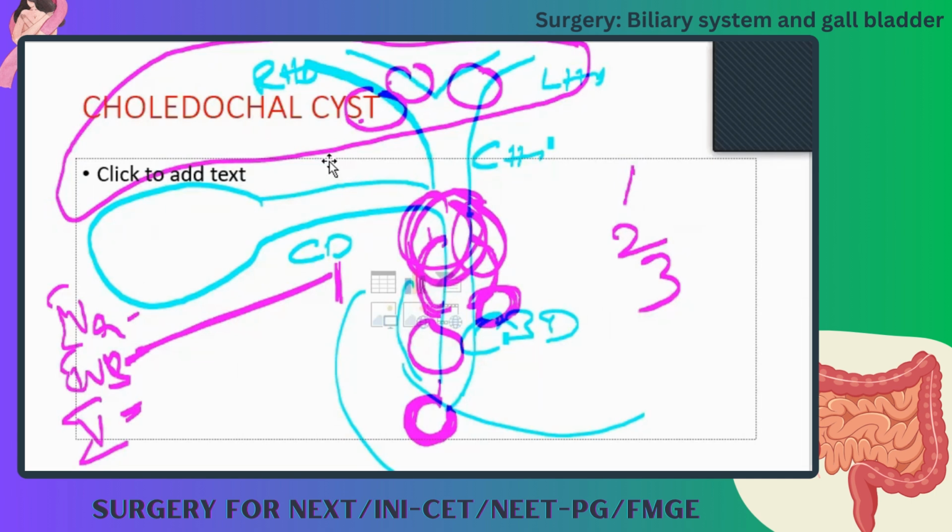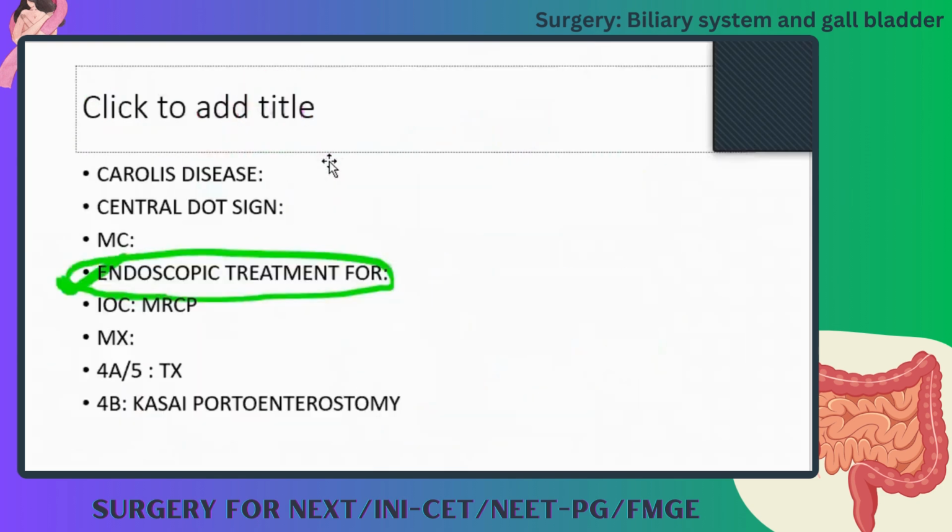Anybody else wants to answer? Two people answered 3. Yeah, very good. So you understood that. Endoscopic treatment is reserved only for type 3.